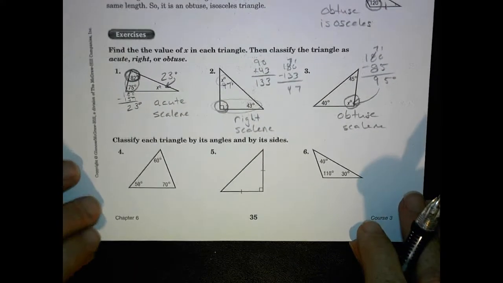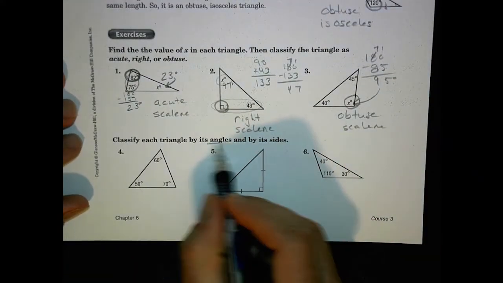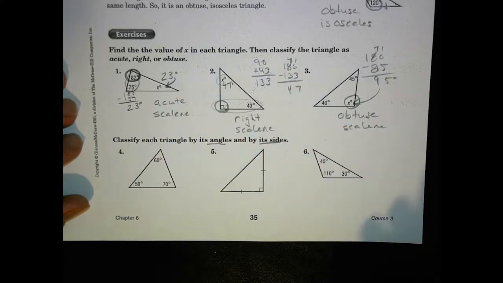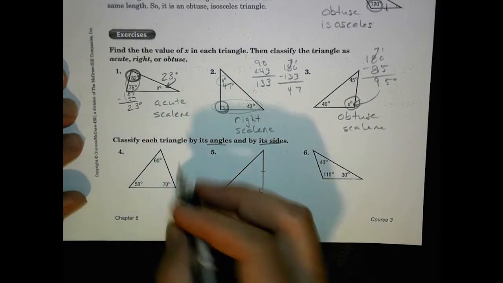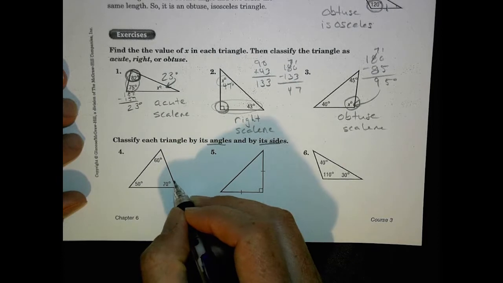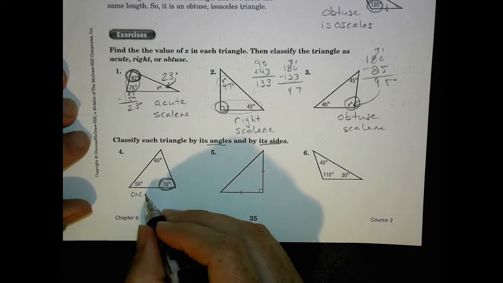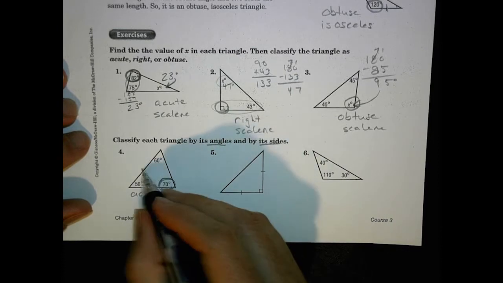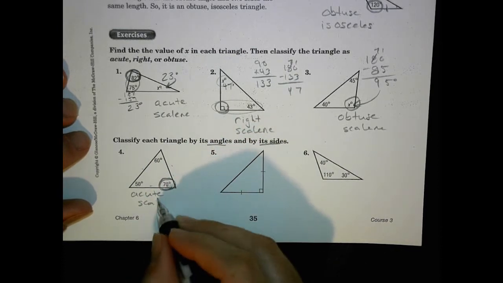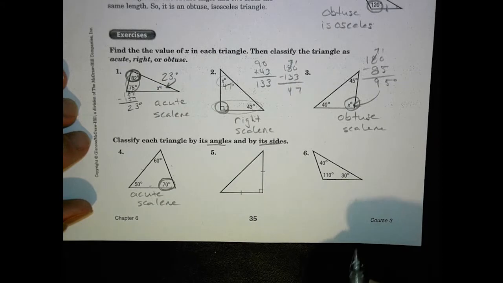The last one, it wants us to do it by angles and sides, which means they'll give us information about the sides this time. So based upon angles, we have two acute. This is our largest acute one, but it's still less than 90, so this is going to be an acute triangle. We can see all the sides are different, so that's going to be an acute scalene triangle there.